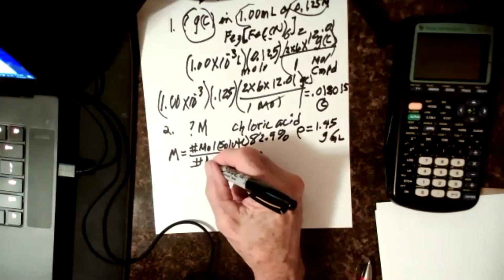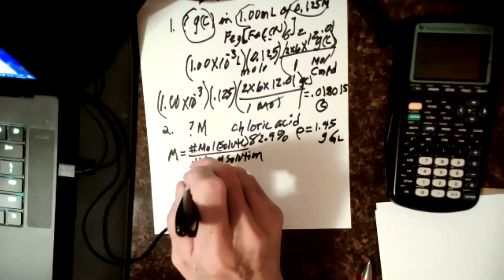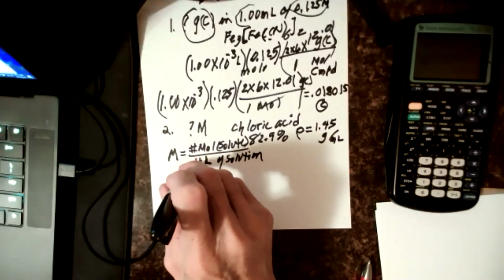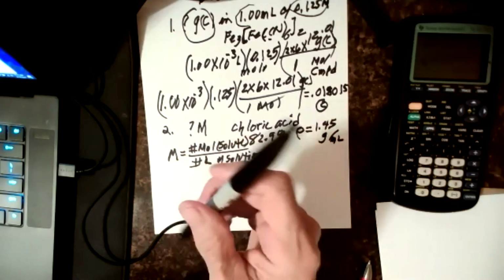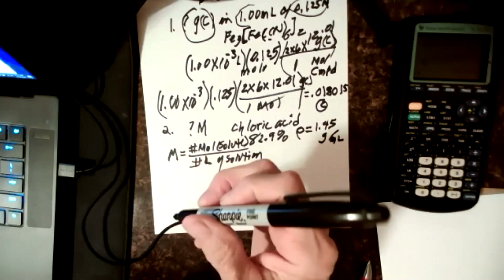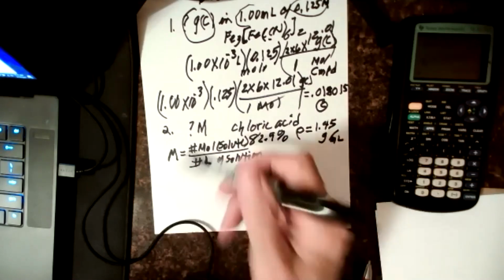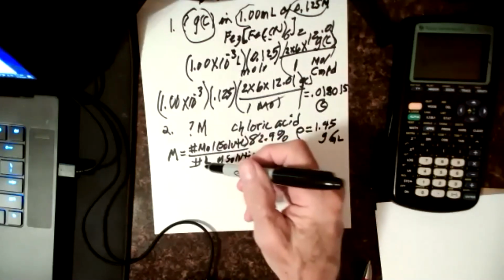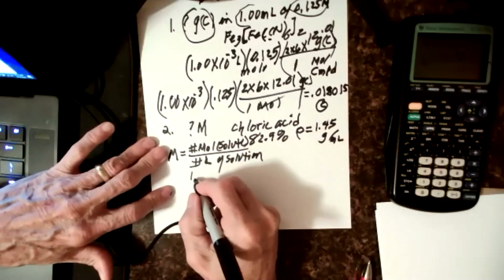And I hope you also remember what I told you about the best number in the world to divide by: 1 liter. Molarity is the same whether you make 1 liter or 2 liters or 1 milliliter or 1 drop, because it's the ratio of moles per liter. So the easiest calculation is I'm going to have 1 liter.